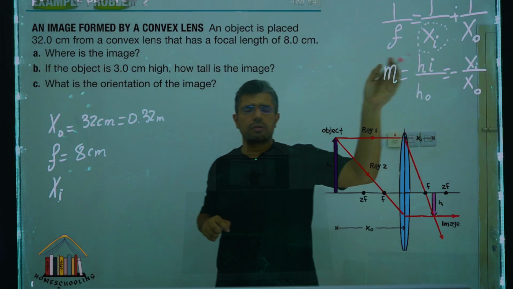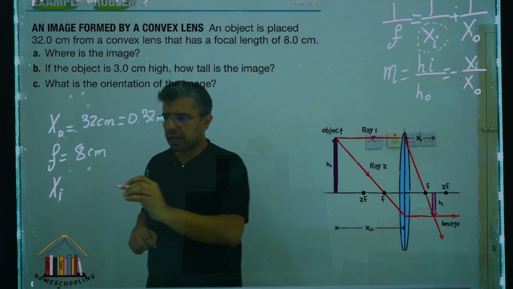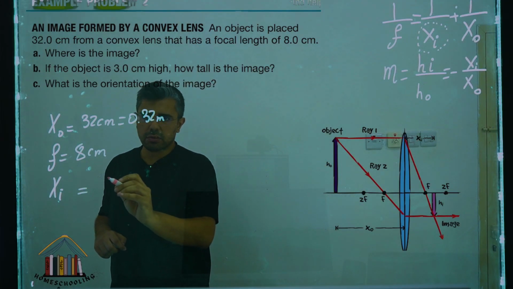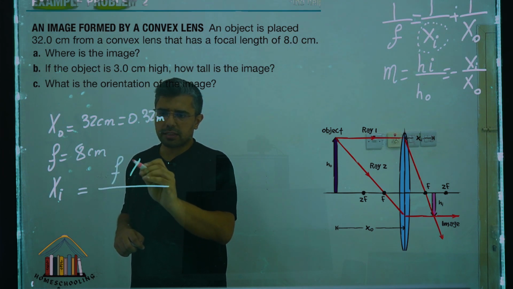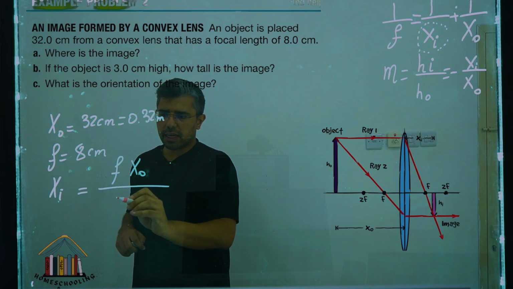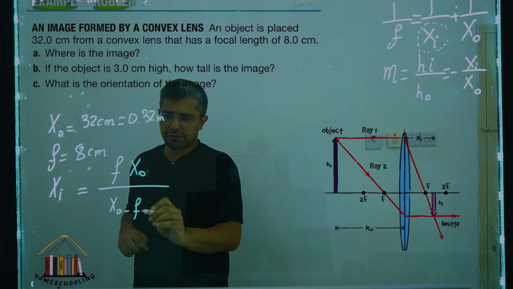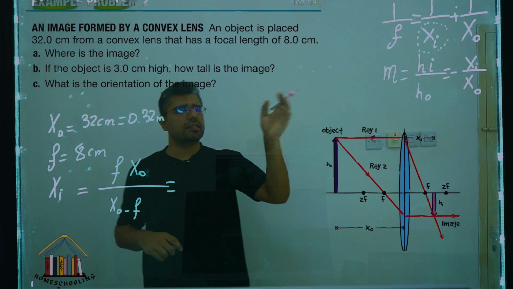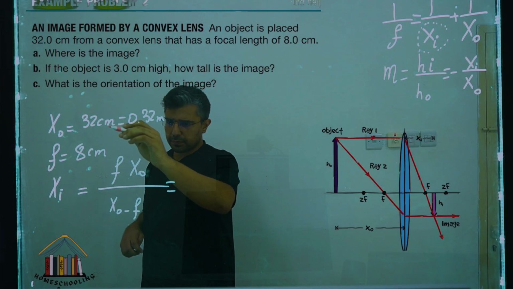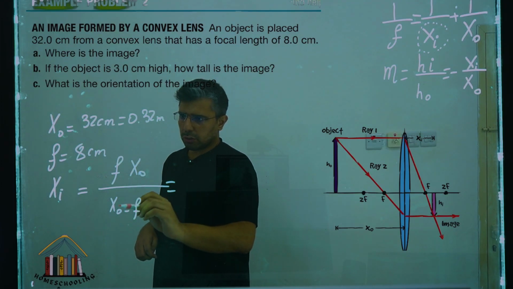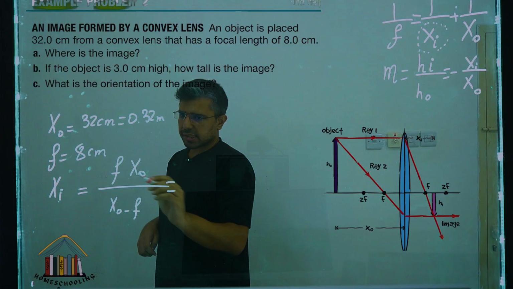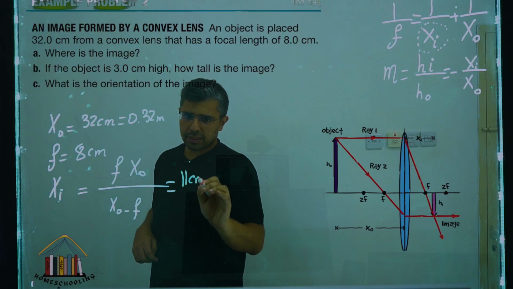You can use shift solve on the calculators, or you can write that XI equals, after we arrange it, F multiplied by XO over XO minus F. After you replace those numbers, F which is 8 multiplied by 32 over 32 minus 8, you'll get about 11 centimeters.